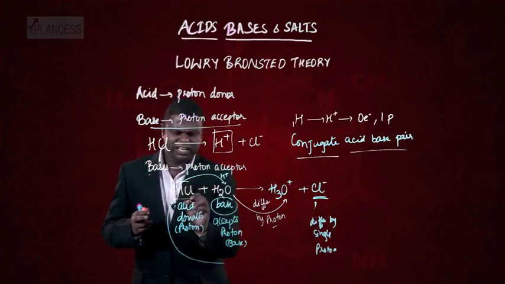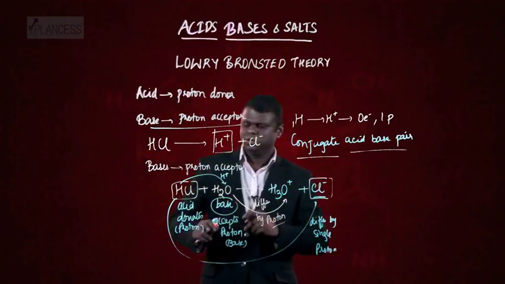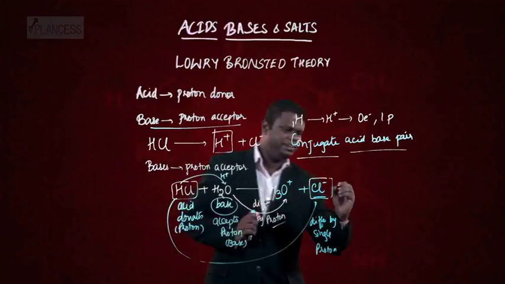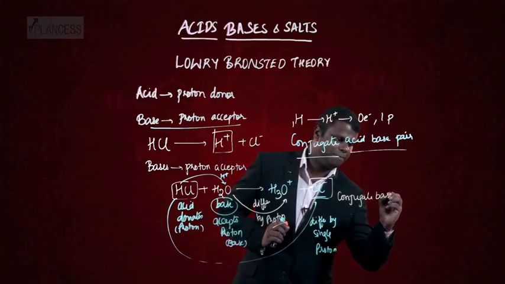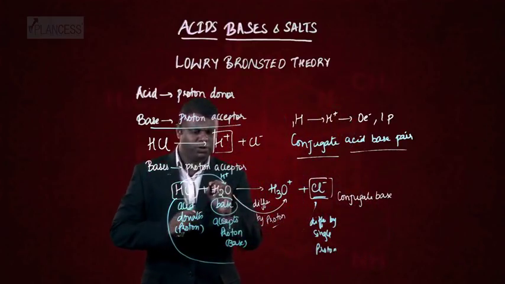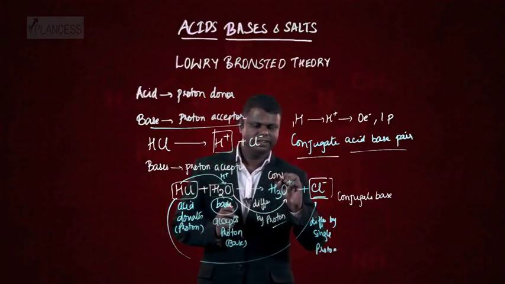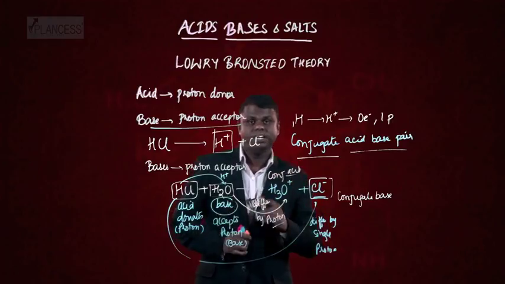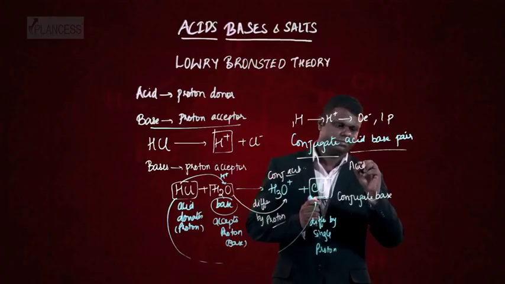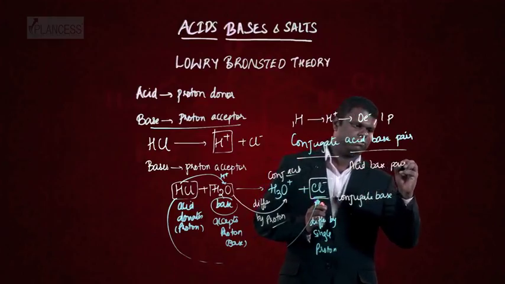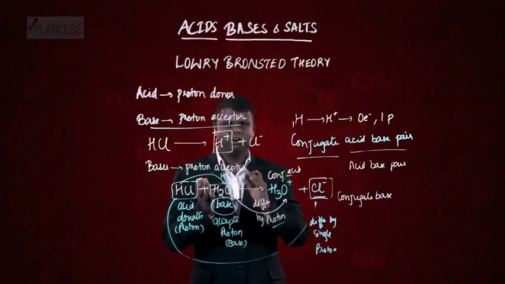So you have HCl, which is an acid, and it donates a proton and becomes Cl-. This is called the acid and this is its conjugate base. Similarly, H2O, which is a base, accepts a proton and forms a conjugate acid. So he defined a conjugate acid-base pair as an acid-base pair, members of which can be formed from one another by transfer of a single proton.